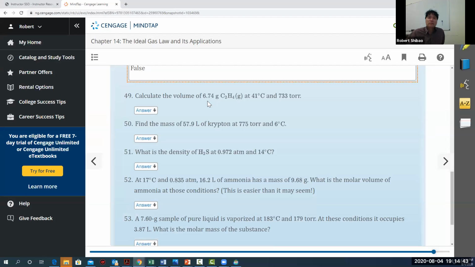Calculate the volume of 6.74 grams of, this is called ethene. When we do the Lewis structure, there are certain patterns. In organic chemistry for hydrocarbons, we have CxH2x+2. If it's 2x+2 hydrogens, then it's all single bonds.